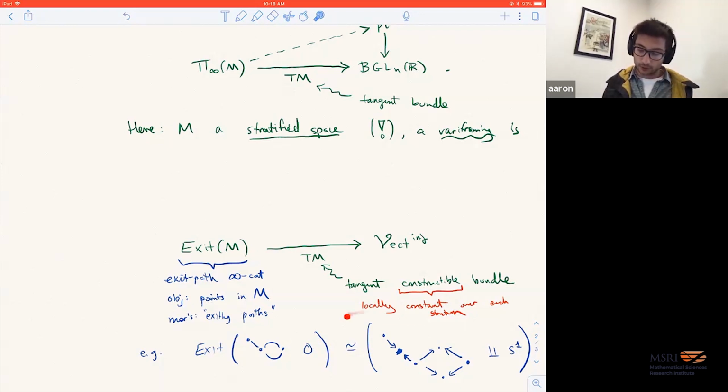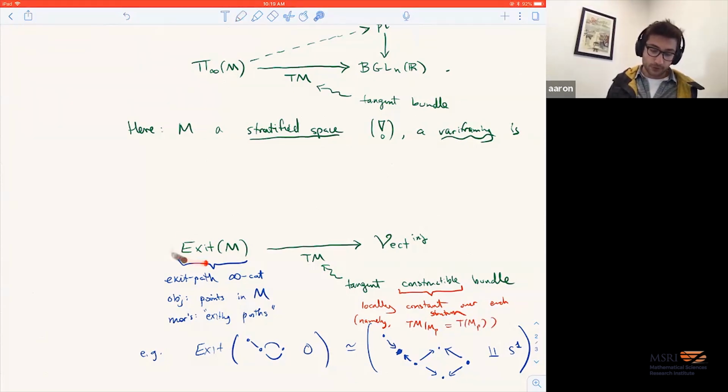So when I say locally constant over each stratum, namely, TM restricted to the pth stratum is just the tangent bundle of the pth stratum. What's interesting is the fact that there are morphisms here, these exiting paths, which are carried to injections among real vector spaces in a continuous way.